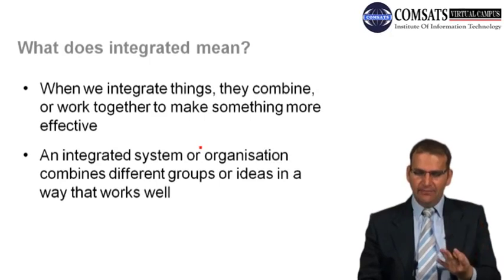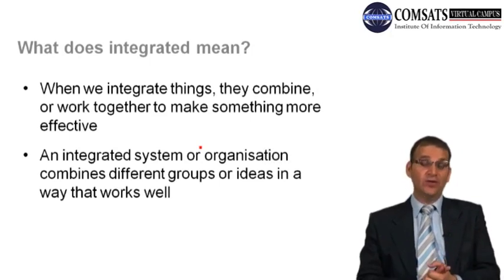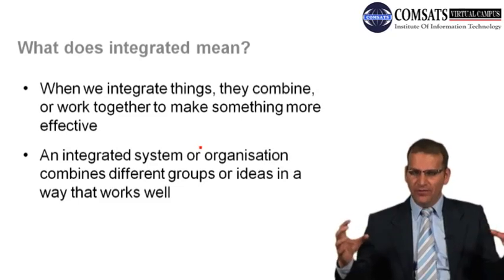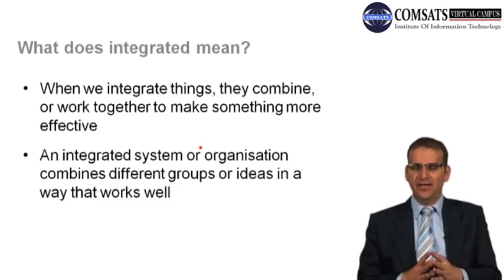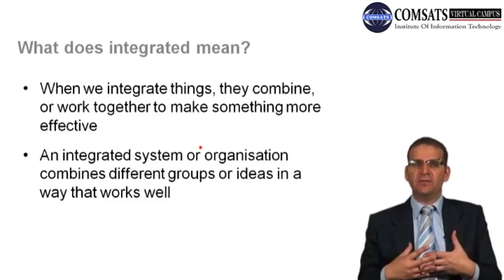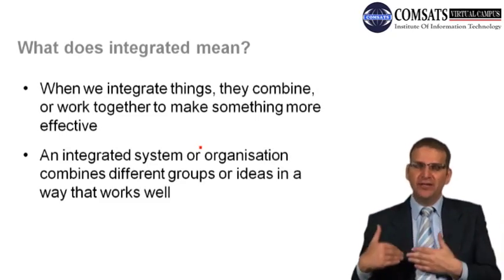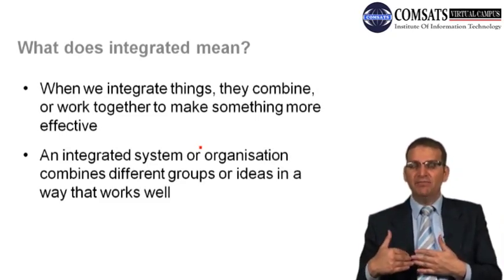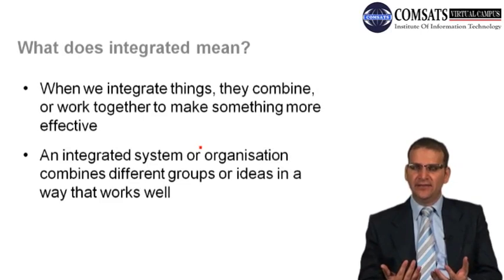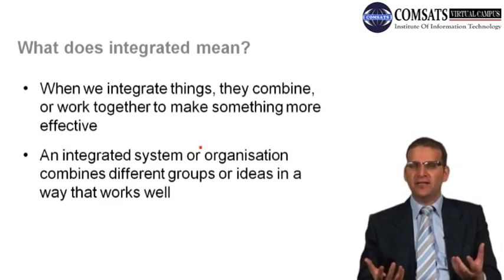An integrated system or organization combines different groups or ideas in a way that works well. That's why organization. What happens in an organization, of course, you have different departments. And there is a link between different departments. Finance department, HR department. Clear? IT department. Fine? Sales department.